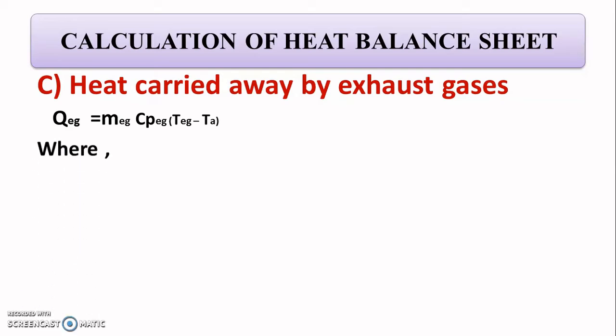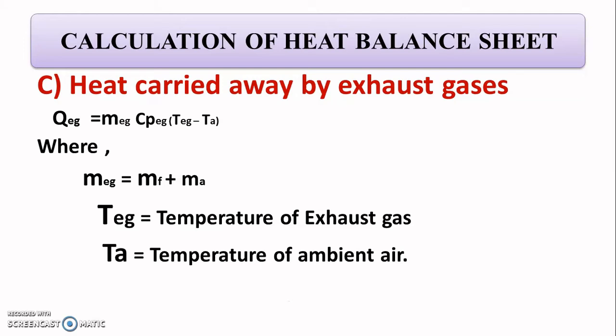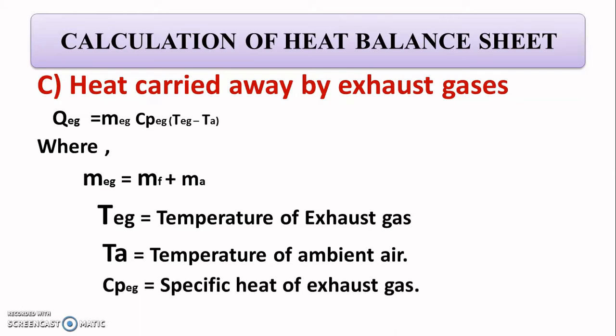MEG means mass of the exhaust gases, which can be calculated by the formula MEG is equal to MF plus MA, means mass of exhaust gases is equal to mass of fuel plus mass of air. CPEG is nothing but specific heat of exhaust gases. TEG means temperature of exhaust gas, and TA means temperature of ambient air or atmospheric air.